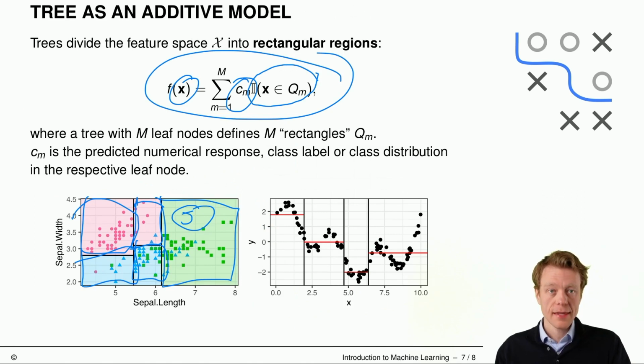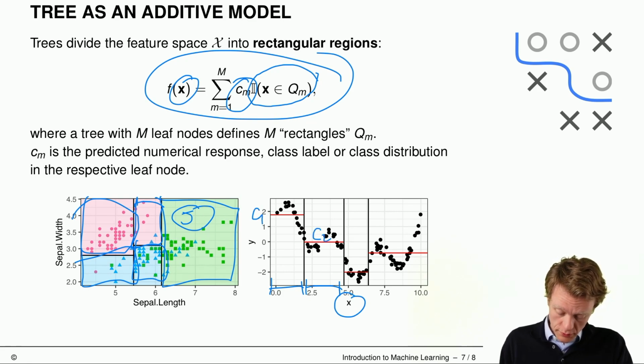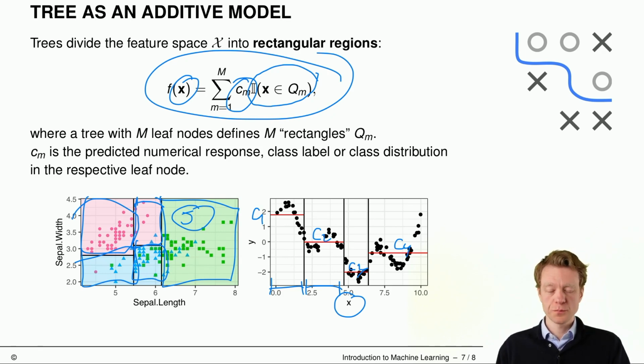Virginica. Or in the case of regression, we basically also have rectangles, but since we only have one feature here, those rectangles are just intervals. And in each interval we have one constant prediction. So we have c_1, c_2, c_3, and c_4.